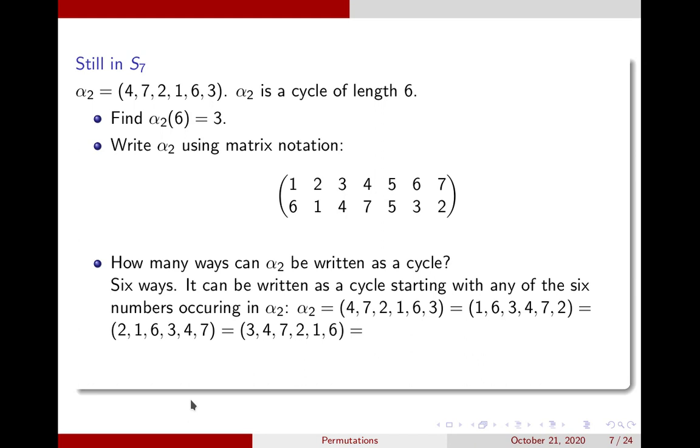Or you could start with 2. Or you could start with 3, and so on. You can get cycle notation giving you the same permutation starting with any one of the 6 numbers that appear in the cycle.